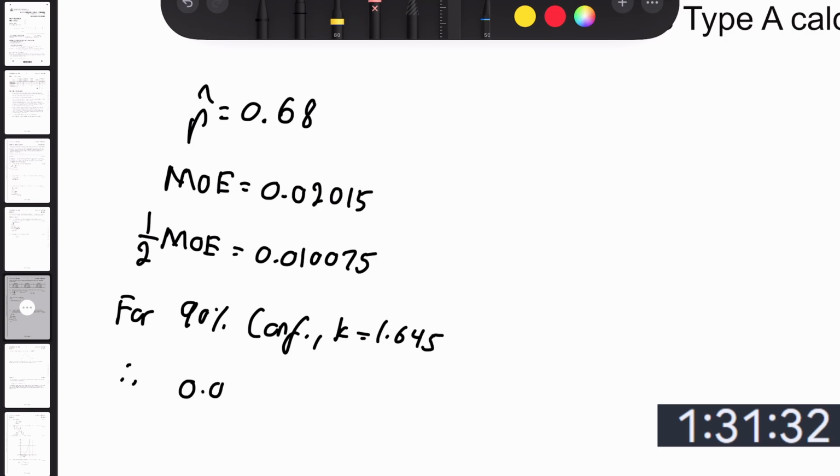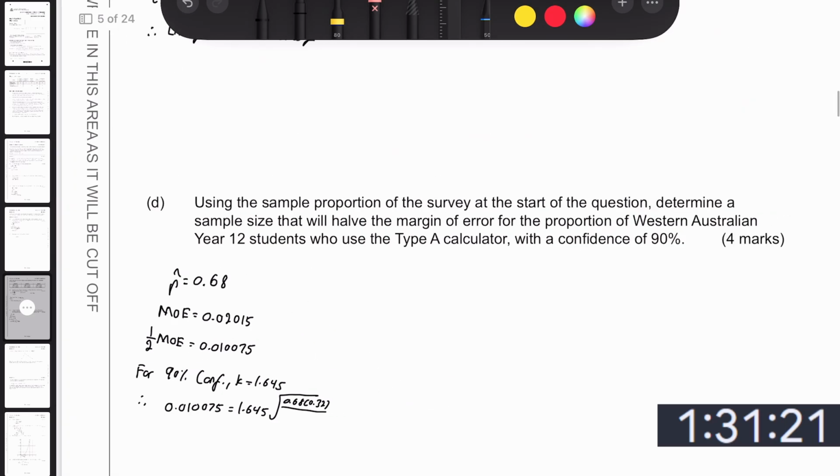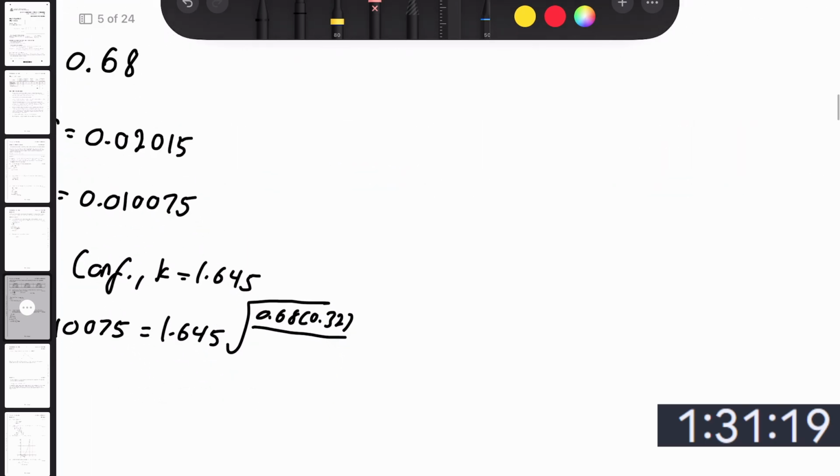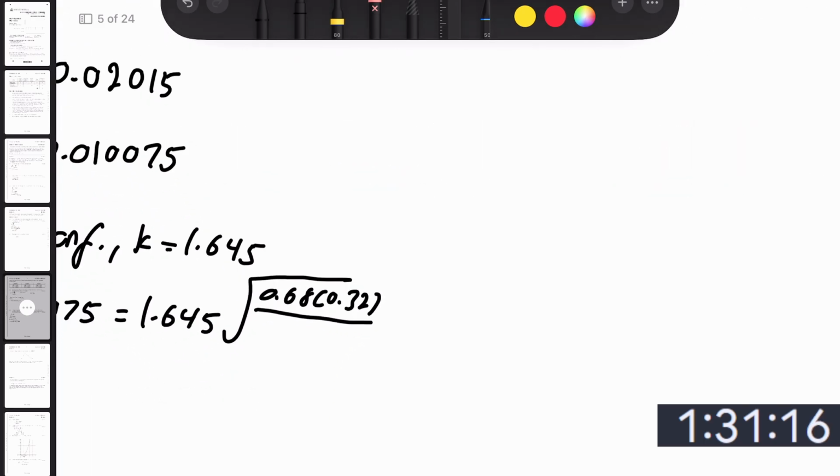Then I have enough information, so I can just put this into my equation. 1.645 times the square root of 0.68 times 0.32. Okay, let me just make sure that's the correct 0.32. Yeah, that is correct.